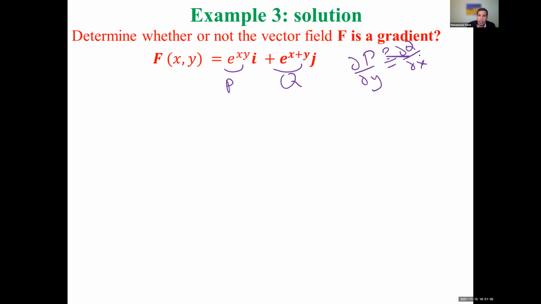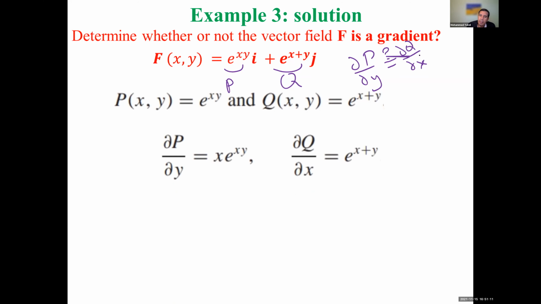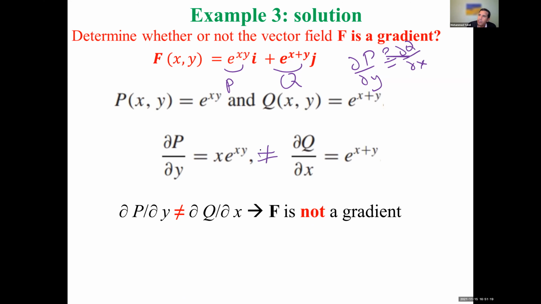If not, we stop there. So the partial derivatives of p and q, they are different. So here it's not a gradient. So we cannot have all these benefits of being a gradient.